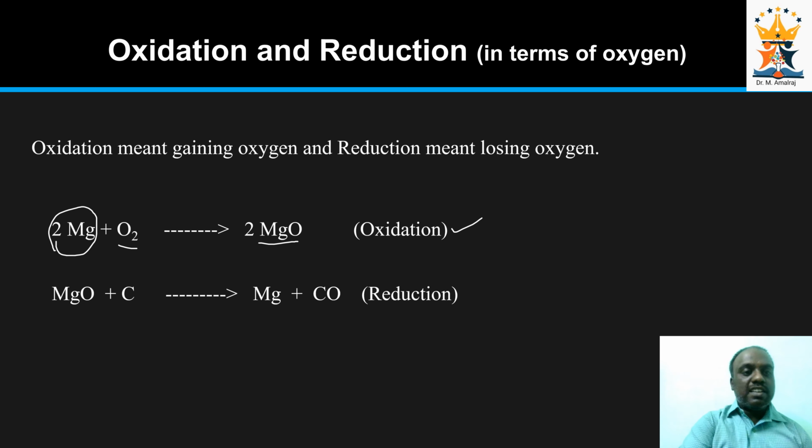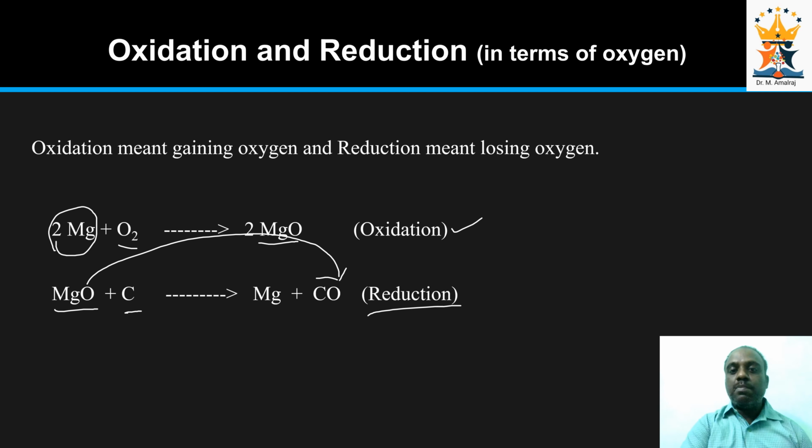Look at the reaction here. Magnesium oxide loses the oxygen. That means by reacting with carbon, it loses the oxygen, hence it is said to be reduction. So oxidation is gaining of oxygen, and here it is losing oxygen.